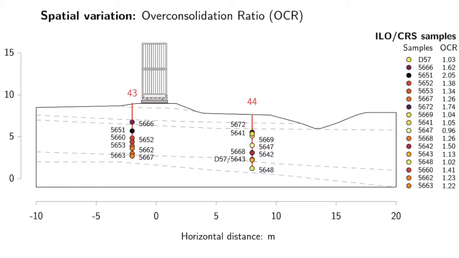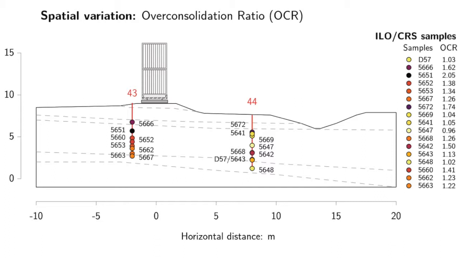So beginning with the spatial variation and the site conditions, you can see that under the embankment, there is borehole 43, and the OCR is somewhat higher. It means that it's been exposed to a bit higher pressures, and its soil is slightly stiffer. On the side here, you can see more bright colors on the dots.